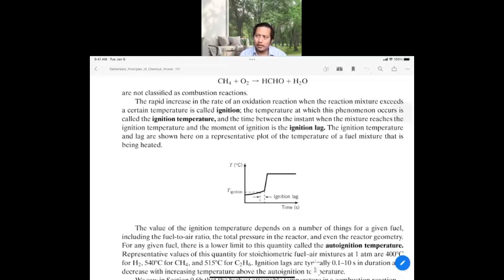I'm not sure if you are familiar with when something is detonated, or maybe some nuclear, like a bombing.